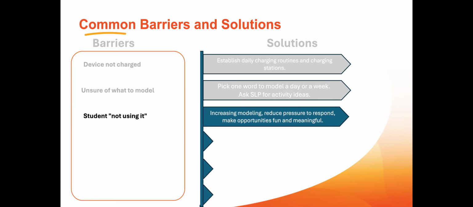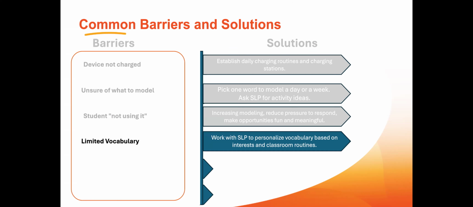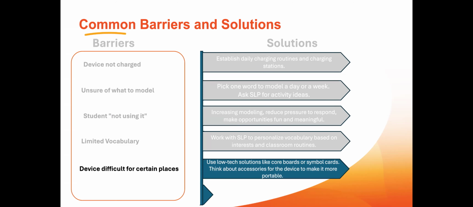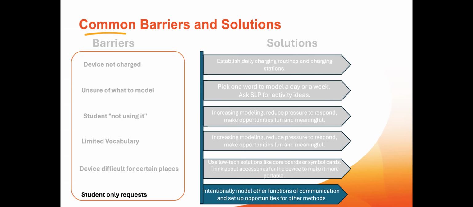If there's limited vocabulary on the device, work with your SLP to see if we can personalize or customize the vocabulary based more on the student interests or classroom activities going on. If the device is difficult for certain places, like we talked about before, like the bathroom or recess outside, use low-tech solutions like core vocabulary boards, symbol cards, and then think about accessories that can make the device a little bit more portable.